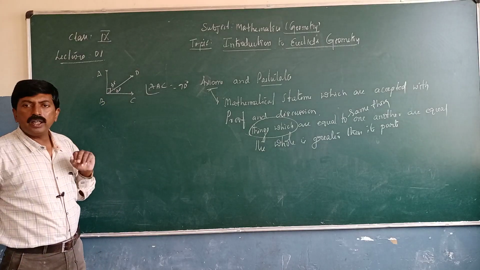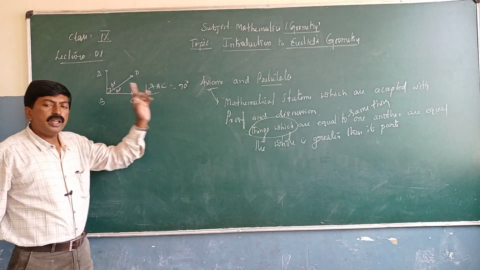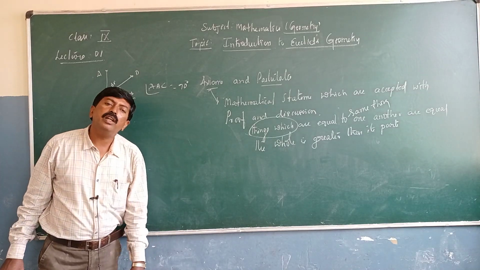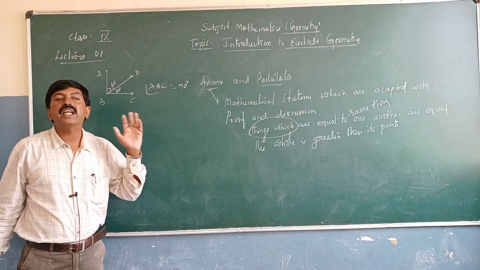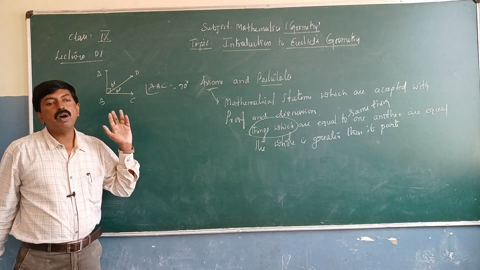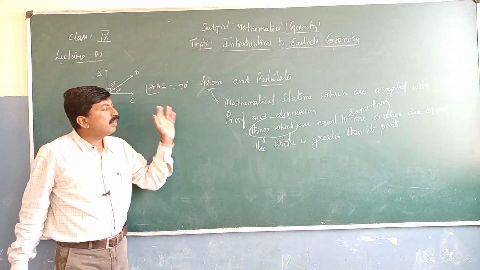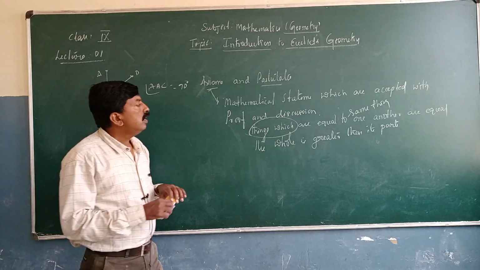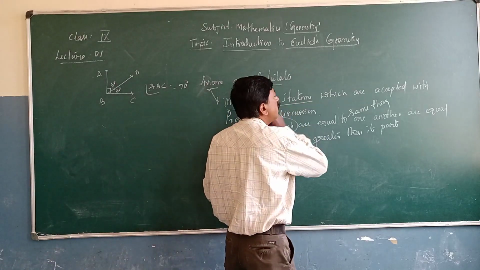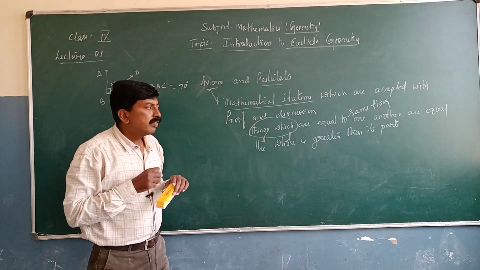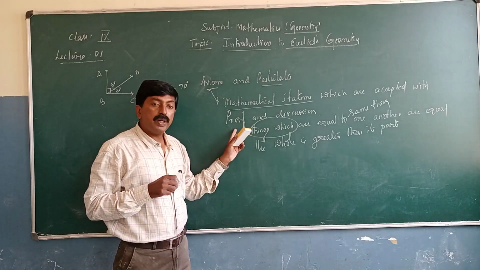Therefore, 90 degrees is greater than 60 degrees and 30 degrees, so we can say that the whole is greater than its part. With the help of these two examples, these are mathematical statements which are accepted with proof.